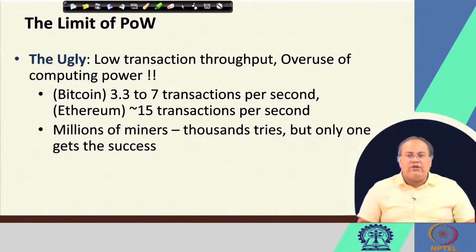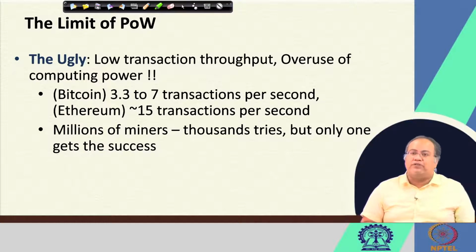So only one person or one mining pool gets the reward, but thousands have tried and have invested their computing power. Those computing powers are in a total loss.